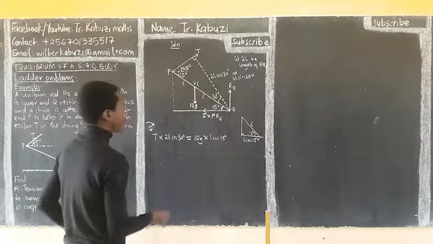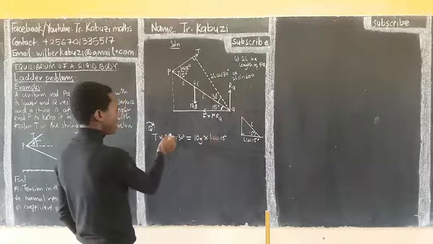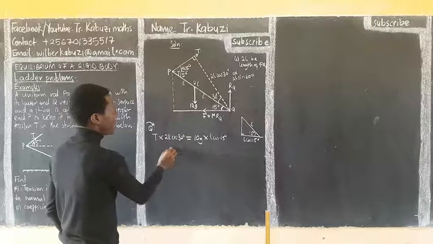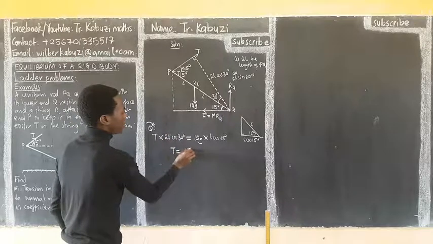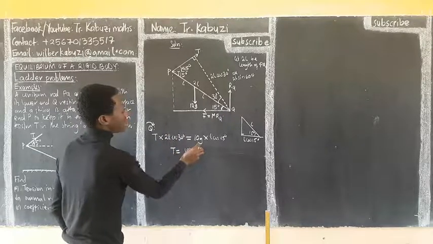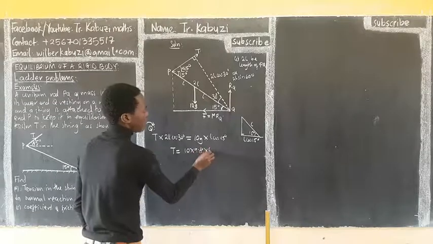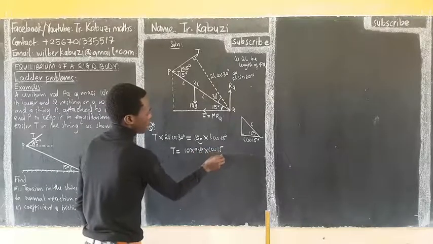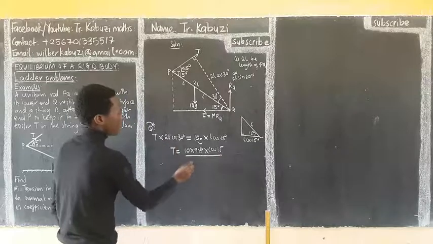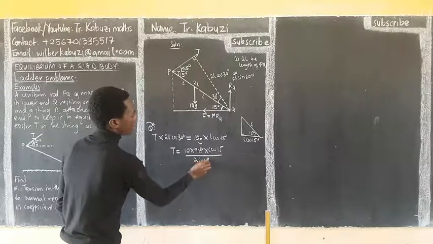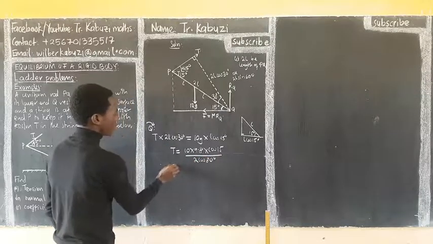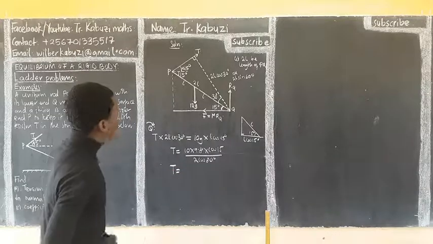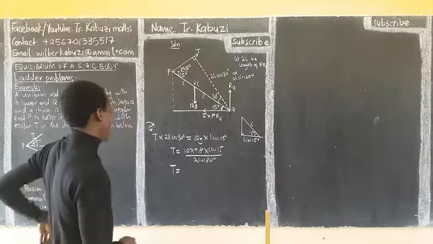L is common, so I remove this L. So we see that my T is going to be 10 times 9.8 times cos 15, the whole over 2 cos 30 degrees.